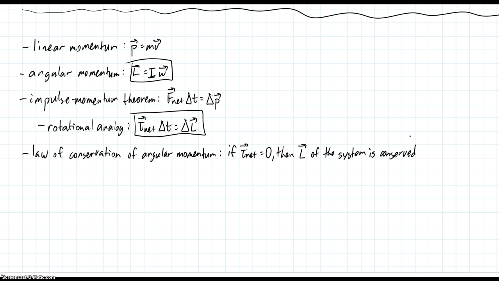One way in which that idea is often applied is in what's called the figure skater problem. If you have a spinning figure skater, you may have noticed if you've ever watched figure skating, the rate at which the skater spins changes depending on the position of the skater's body.